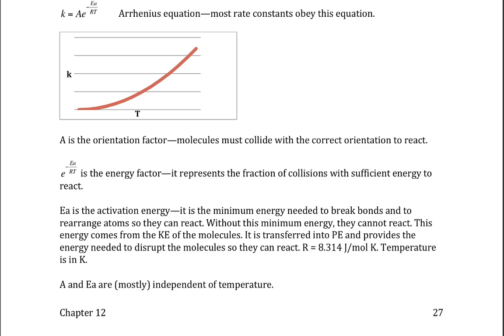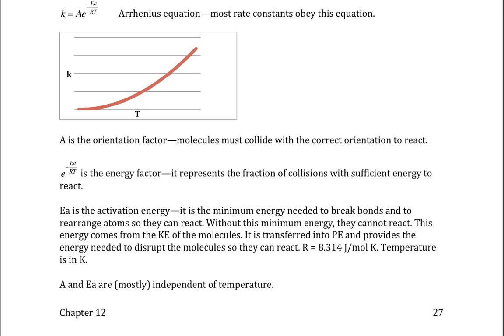It's overcoming this activation energy barrier. It allows the reactants to have enough energy to start colliding so that bonds can break and new bonds can start to form. So without this minimum energy, the reactants cannot react. This energy comes from the kinetic energy of the molecules, the reactants.